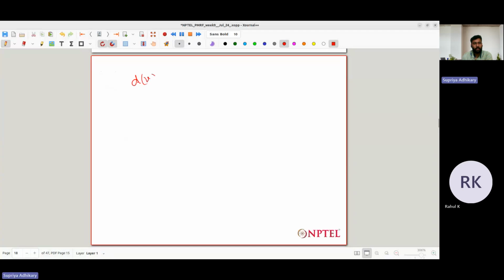Now, the degree of each of the vertices in Cn is 2. If G is this graph, then the degree of each of the vertices in the G complement should be nothing but n minus 3.